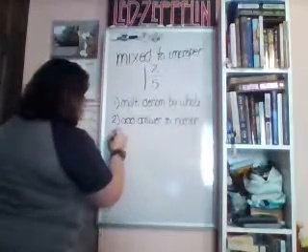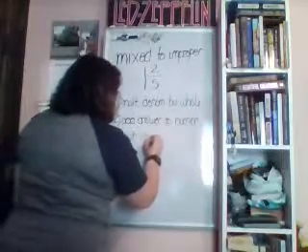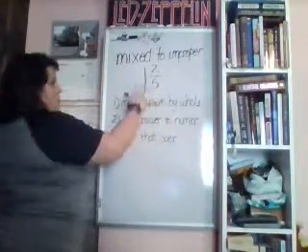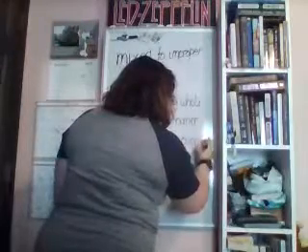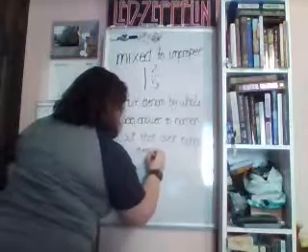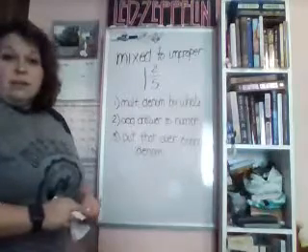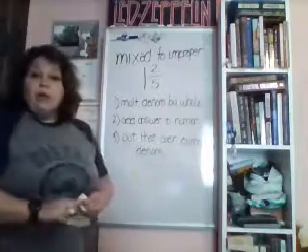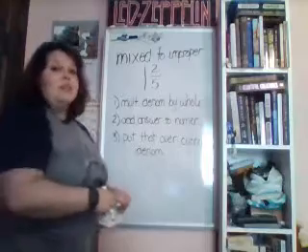And then you're going to put that answer over whatever your current denominator is. For space-wise, I'm abbreviating denominator and numerator, but you know what those words mean from the video that we already did. Okay, so let's go through this.